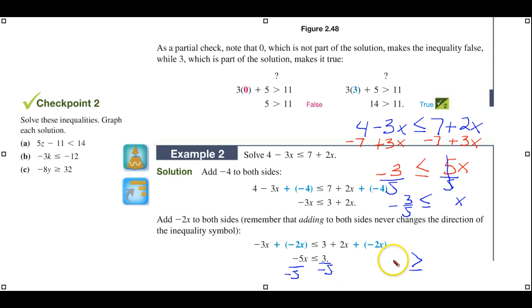And on this side now I get a positive x is greater or equal to a negative 3/5. And notice that's the same thing I got doing it this way by keeping my variable positive.